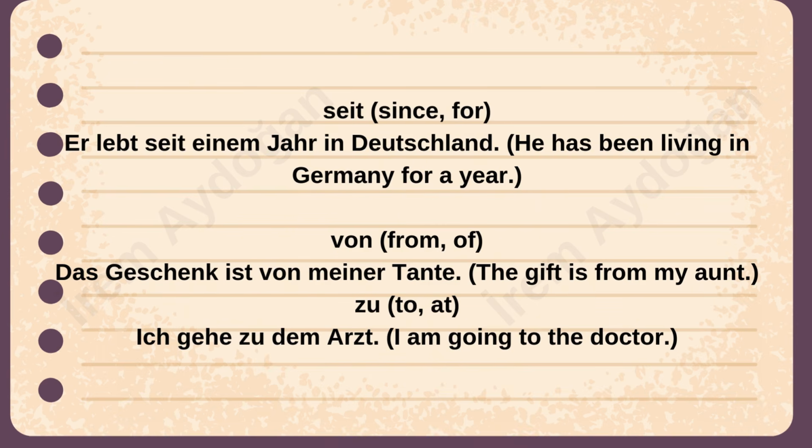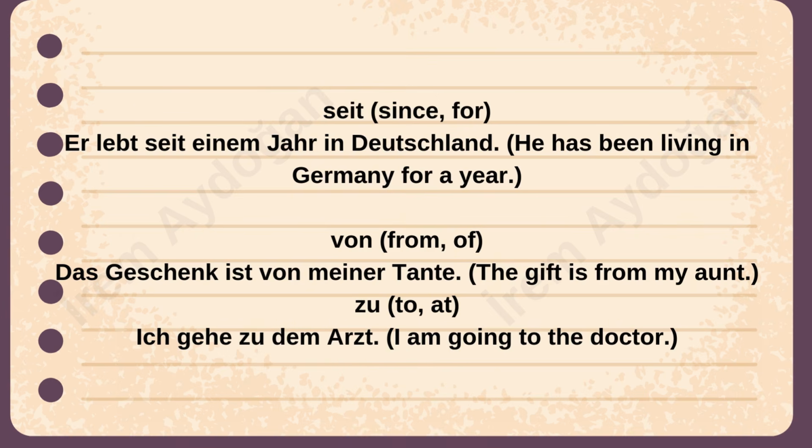And the next example, zu means to, at. And the example is ich gehe zu dem Arzt. I'm going to the doctor. Der Arzt becomes dem Arzt with zu in dative case.